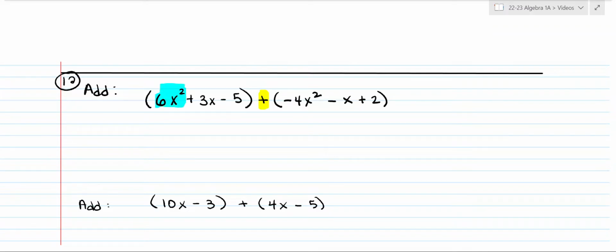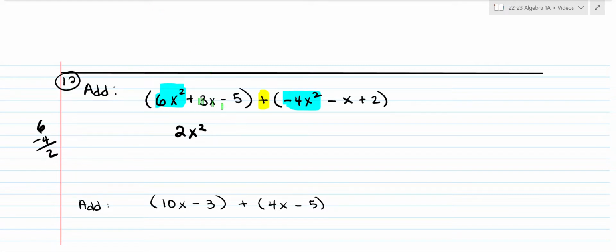This is x squared, and that one's x squared. Right? So 6x squared plus a negative 4x squared, 6 minus 4 is 2. So it gives us 2x squared.